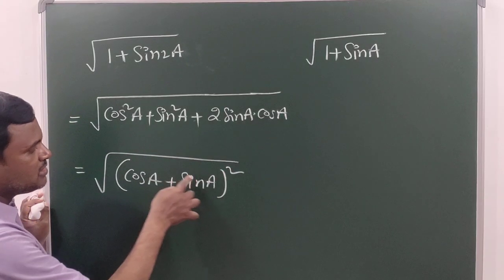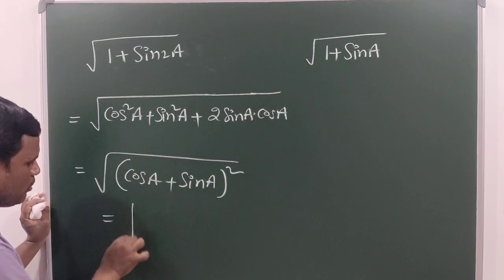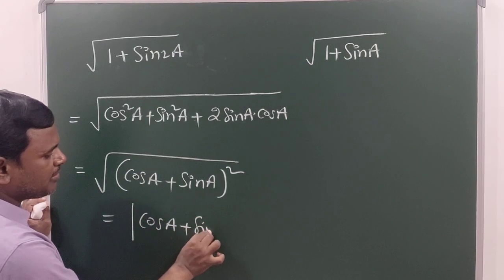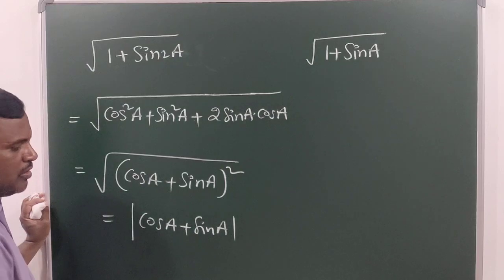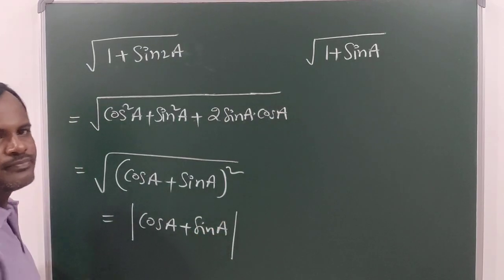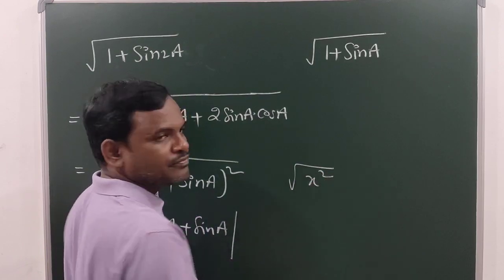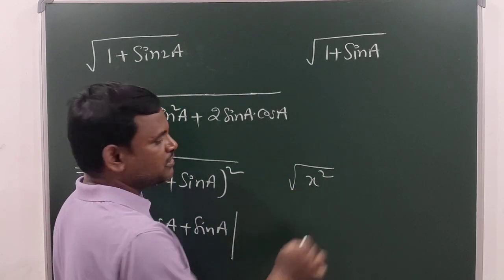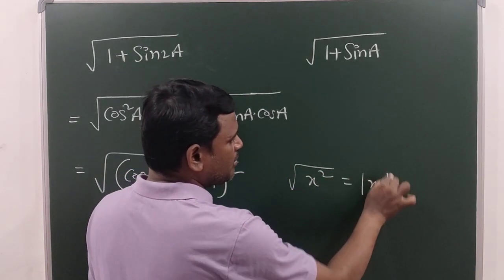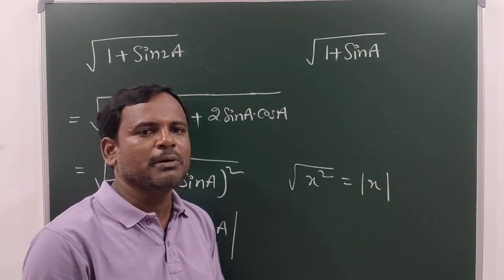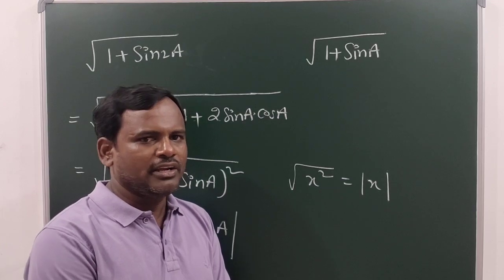When you cancel the square and square root, here you have to write mod of cos a plus sin a. You know this: square root of x square, when you find the square root of x square, here we have to write mod x. Here this x may be positive or negative.